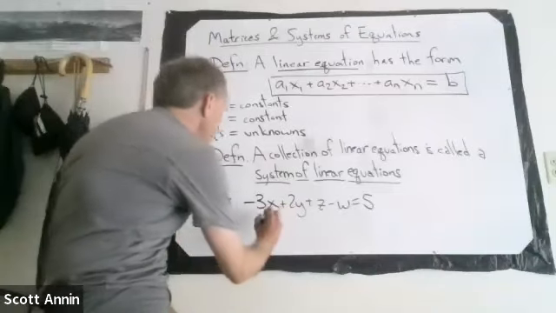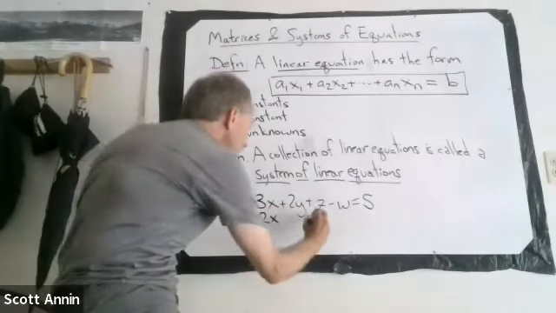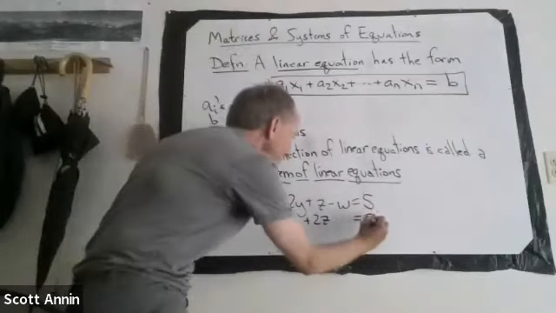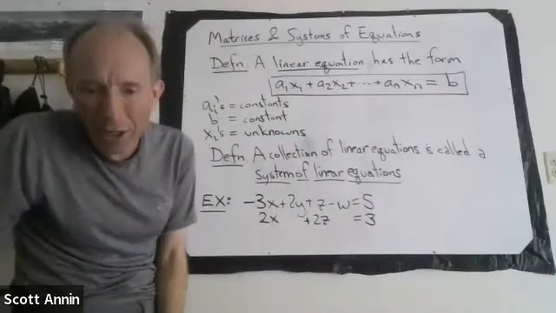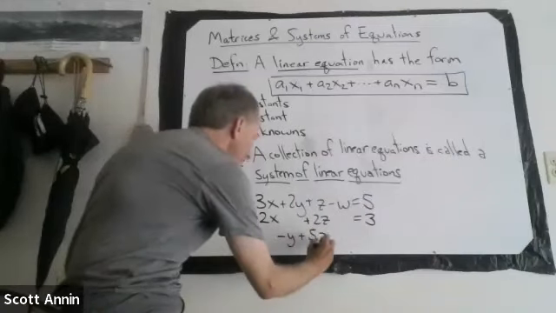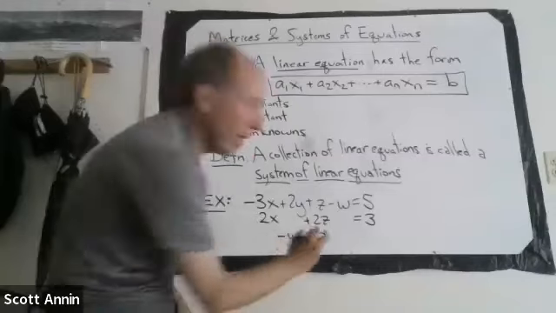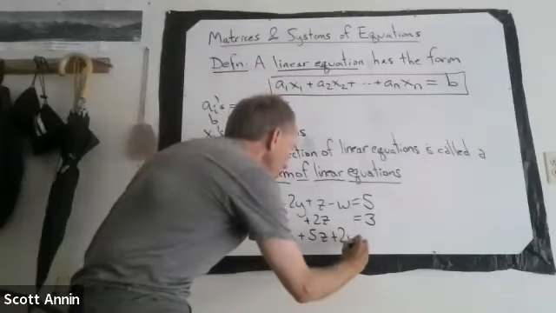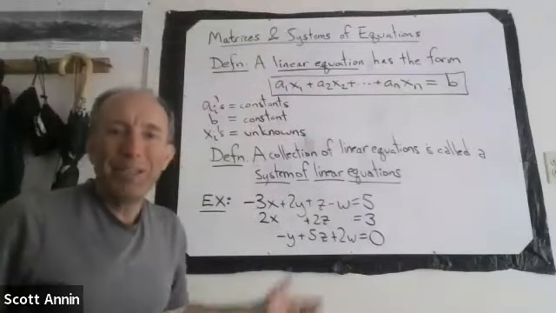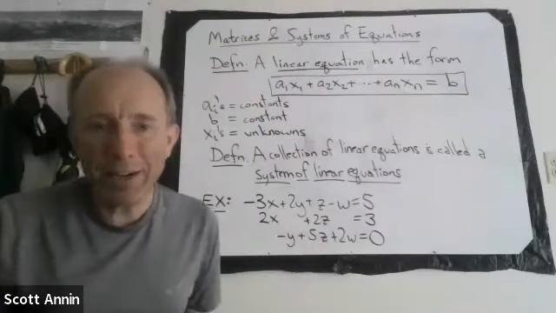Then maybe we have another equation, 2x plus 2z is equal to 3. That's another linear equation. And maybe we have another one, negative y plus 5z plus 2w equals 0. This is just an example of a system of linear equations.